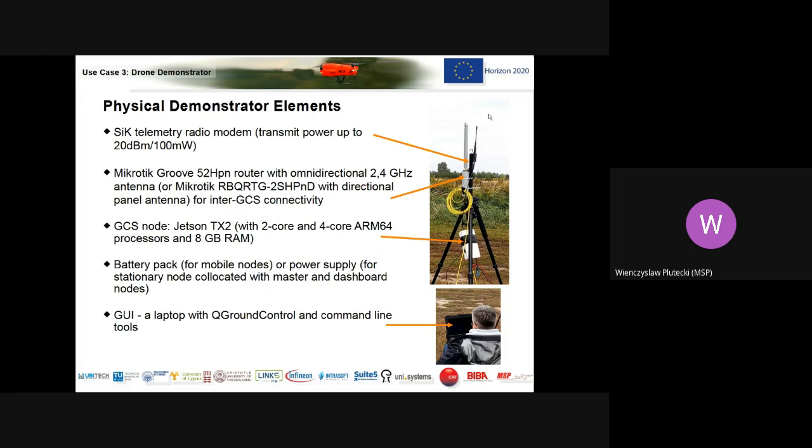And here are two communication components. One is a radio modem for communication with a drone or drones. And second, this is a Wi-Fi router for communication between ground control stations. We used 3 ground control stations. One of them was assisted by a computer with the QGroundControl application just to supervise the mission.